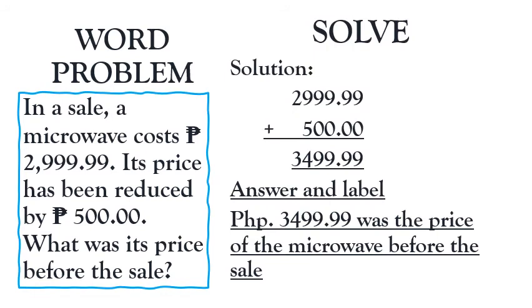Solve. Solution: 2,999 and 99 hundredths plus 500 equals 3,499 and 99 hundredths. Answer and label: PHP 3,499 pesos and 99 centavos was the price of the microwave before the sale.